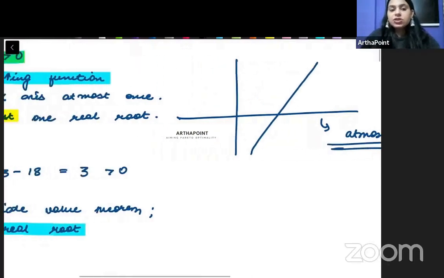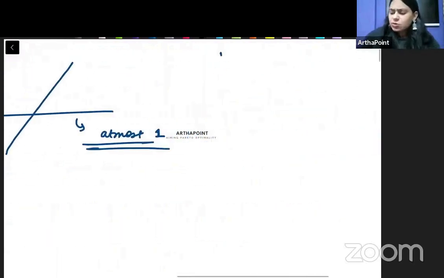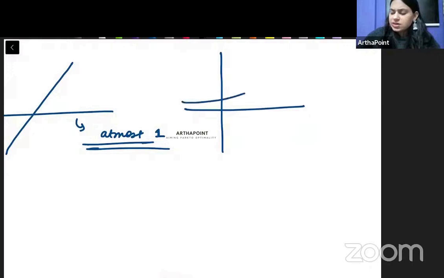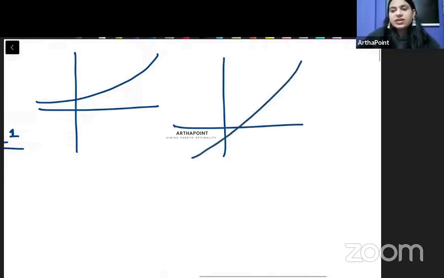So whenever the function is an increasing function, it can cut the x-axis at most one time. At most, maximum. शायद ऐसा भी हो सकता है कि बेटा function is increasing but it is like this. So it is never cutting the x-axis. Or it is possible that it can at most cut it once, right? But it cannot cut it more than once because it is a strictly increasing function.